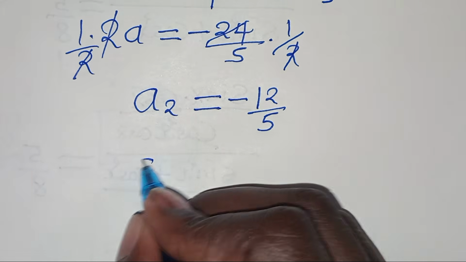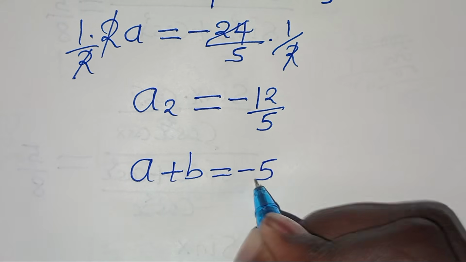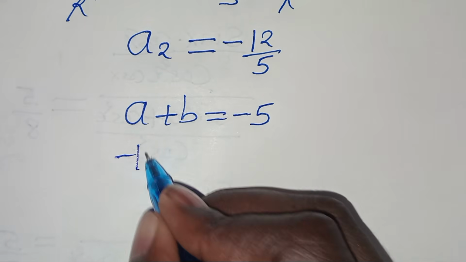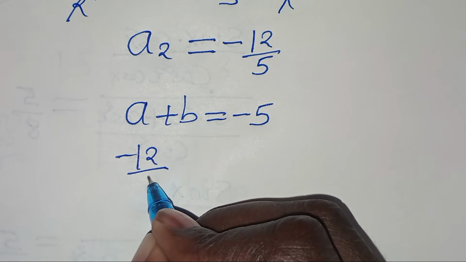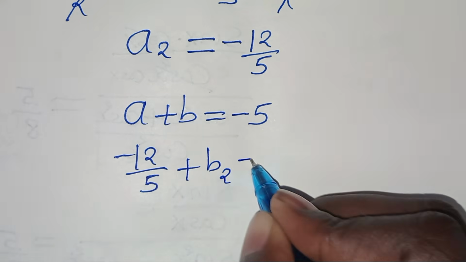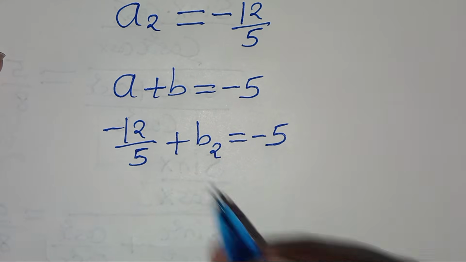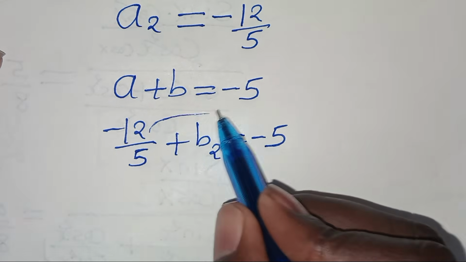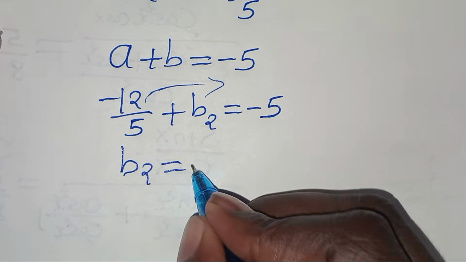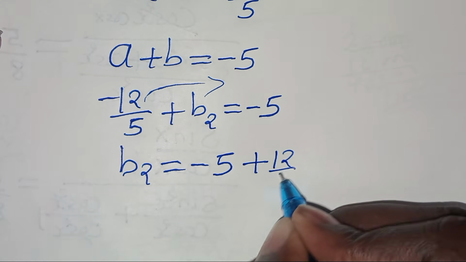And if you recall, we have that a plus b is equal to negative 5. So we can substitute a2, which is negative 12 over 5, then plus b2 is equal to negative 5. So we can take negative 12 over 5 to the right-hand side, so that we have b2 is equal to negative 5 plus 12 over 5.